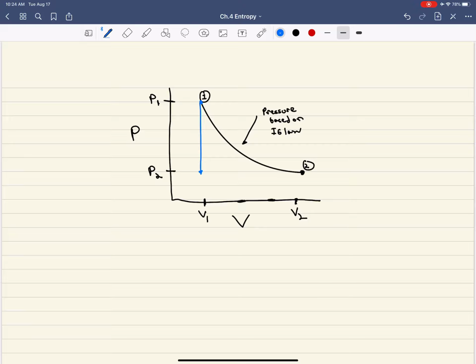After we lower the pressure, we're going to stay at that same pressure, and we're just going to expand the system to volume 2.